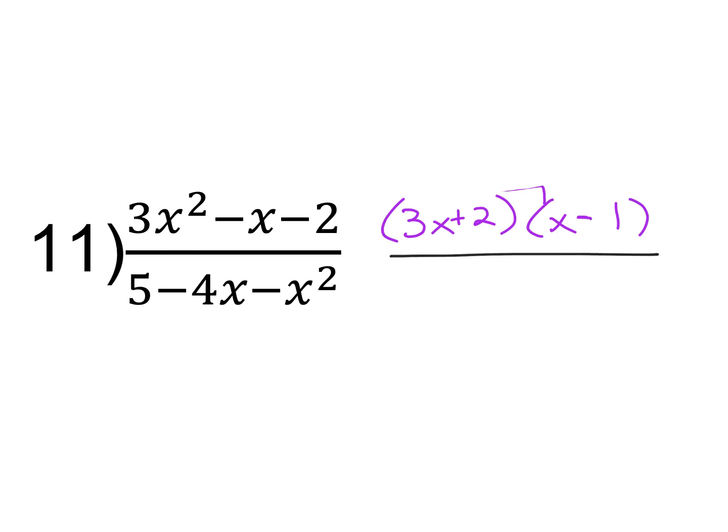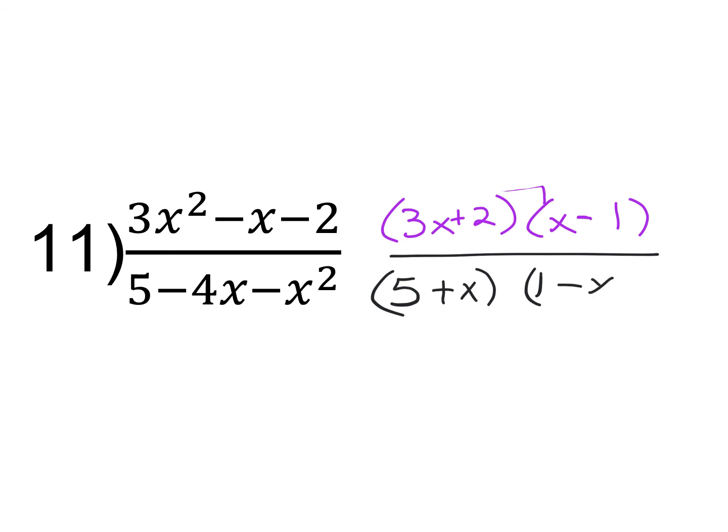I can do the same thing on the denominator. I'm just looking for factors of 5 that when I combine them give me negative 4. So this tells me to get a positive 5, I'm going to do 5 times 1. So 1 and 5, and then minus x and plus x.